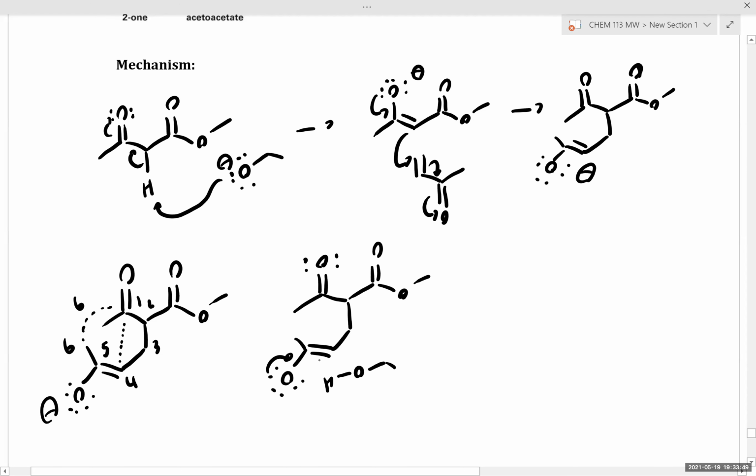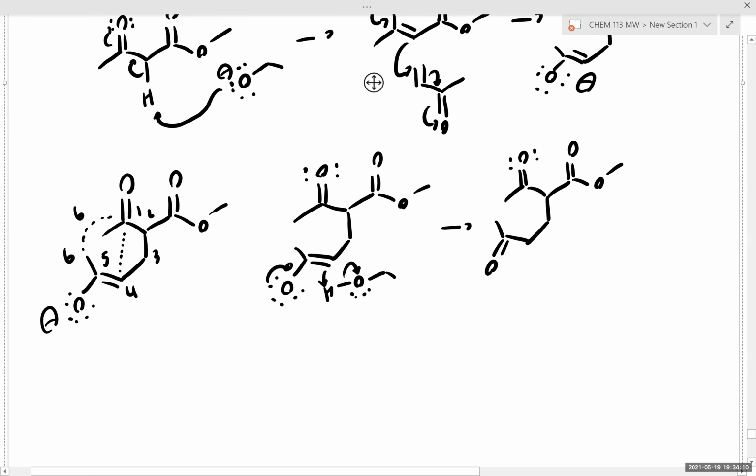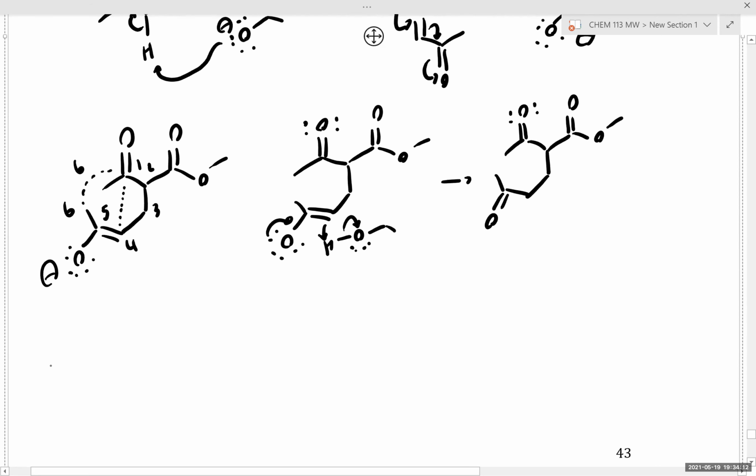And this is all an equilibrium process, because remember, the Michael reaction and Aldol condensations are reversible up until their final, very important key step. Okay, so we've protonated our enolate, and I'm going to redraw this molecule now in a way that's a little bit more indicative of what's going on here.